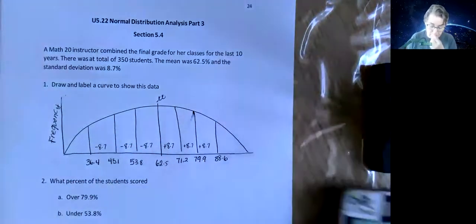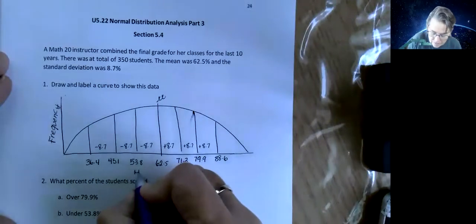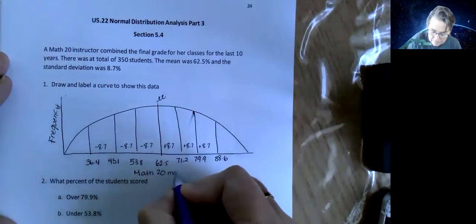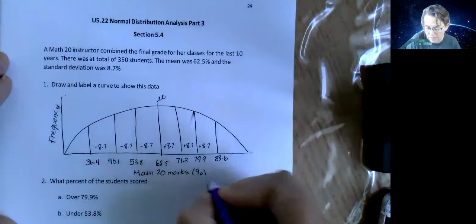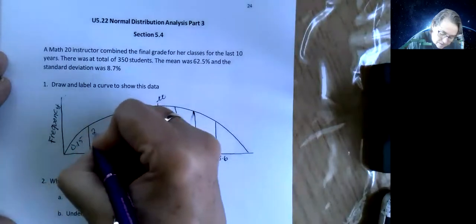Right, and these were marks, right? Math 20 marks. There, mark it as percent. And yes, I just realized I missed my percents here.